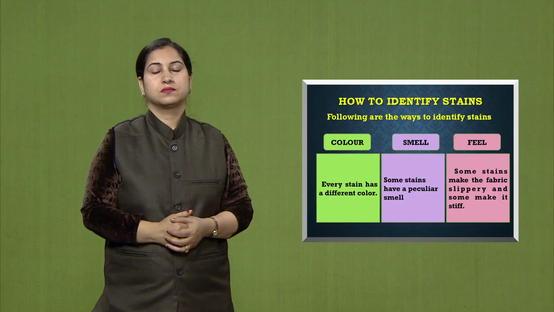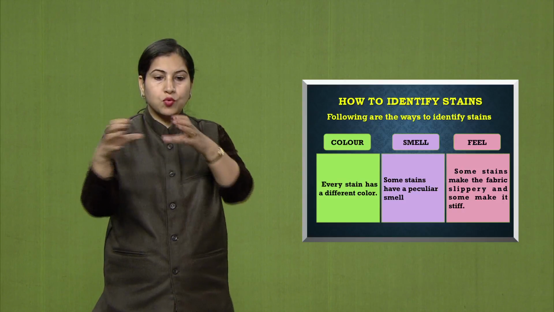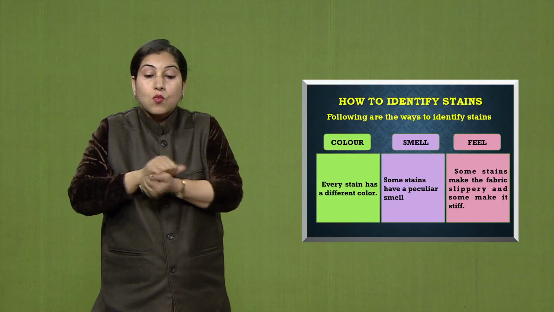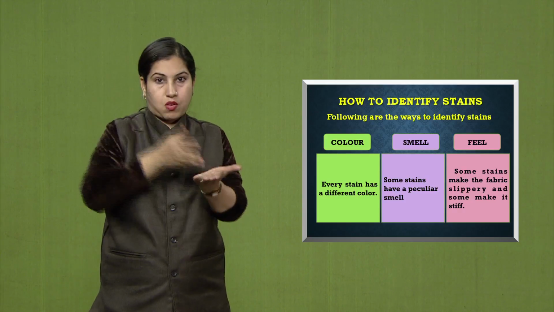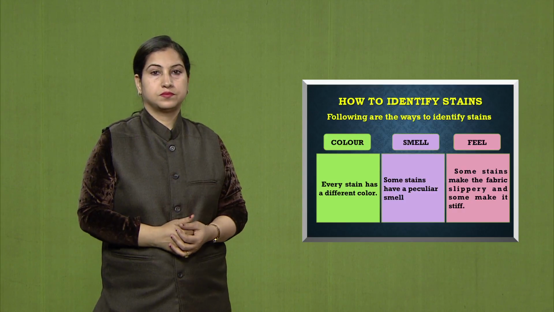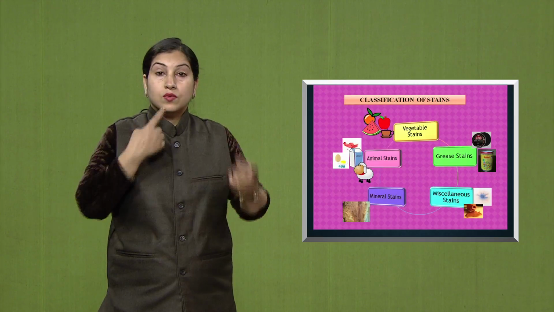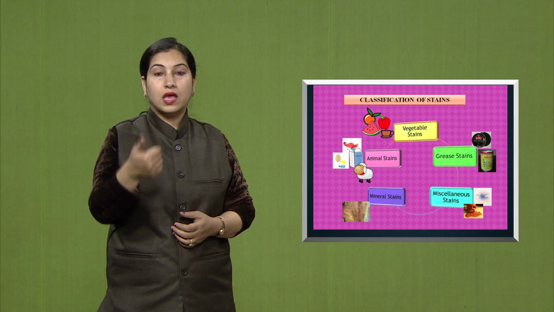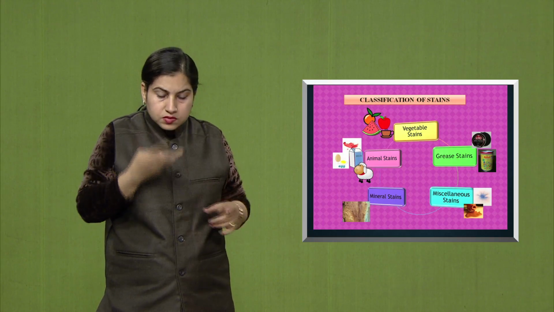So let us classify different types of stains so that their removal becomes easy and possible for the proper maintenance of your clothes. Now we will classify the stains. You can group stains on the basis of their origin.